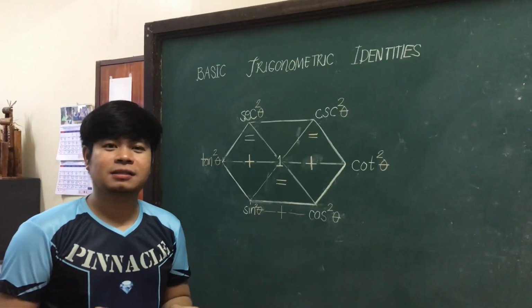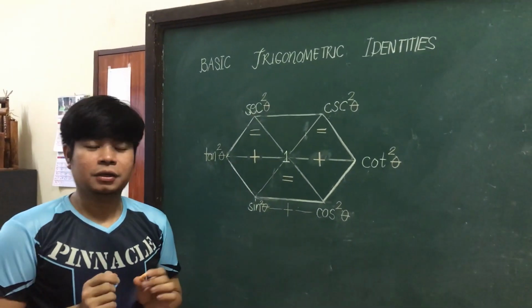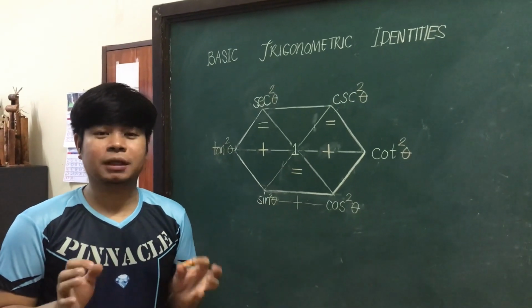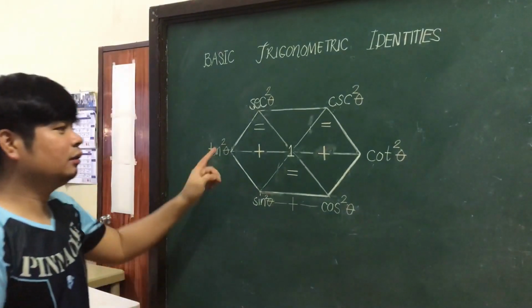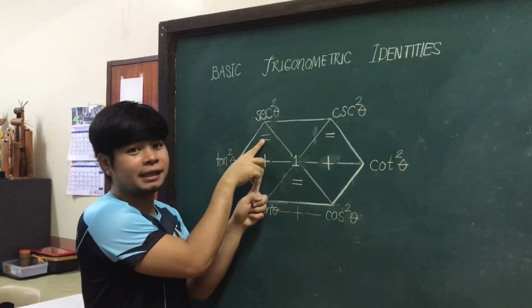From these tangent, sine, cosine hexagon, we can also find other identities. We call these identities the Pythagorean identities. Okay? So according to this hexagon, you see addition here and this is 1. There's also an equal sign here.